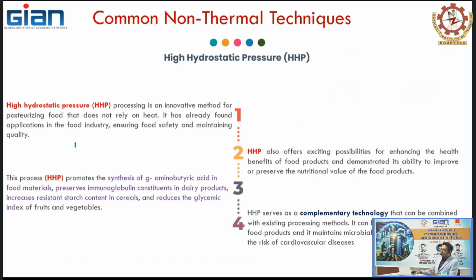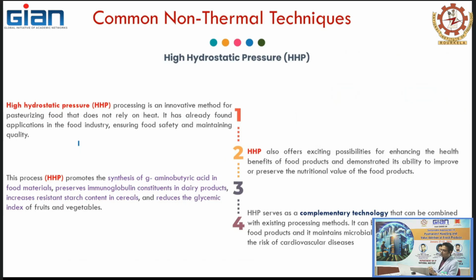So this is a kind of pasteurization process, but not relying on heat, but relying on pressure. But as we mentioned here, it may increase the temperature, but how? When we increase the pressure by 100 megapascal, it may increase the temperature by around 3 degrees Celsius. So even if you go up to 1000, it may still be within 25-30 degrees Celsius.